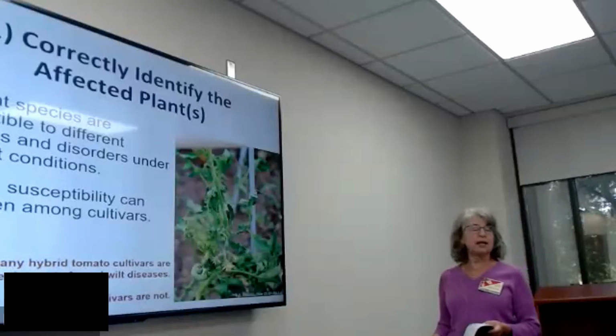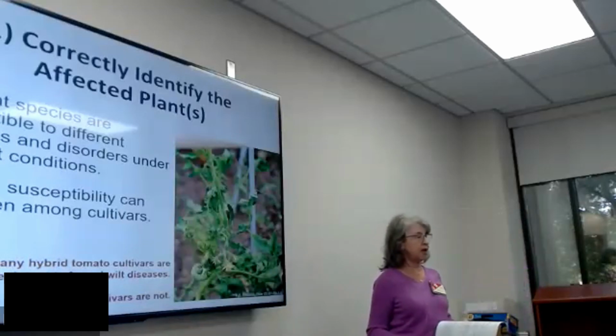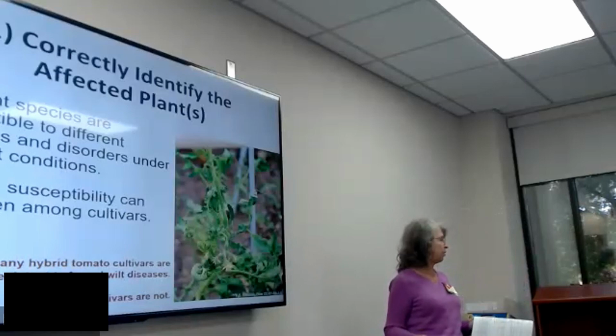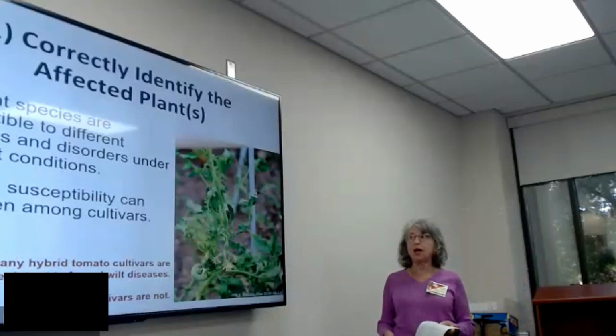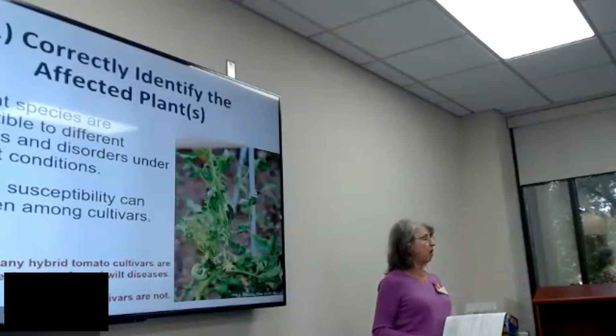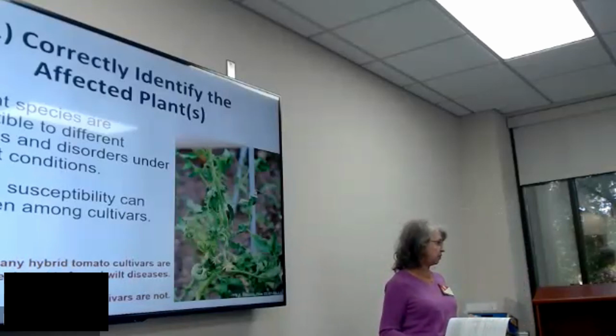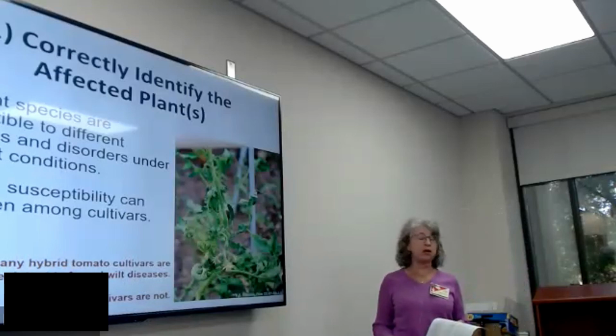Okay, so correctly identify the plant. Obviously, if you don't know what the plant is, you can't know what problems it's going to have. If possible, you also want to know what cultivar or variety somebody is growing, because there are differences in susceptibility among cultivars and varieties. An example here is the tomato.